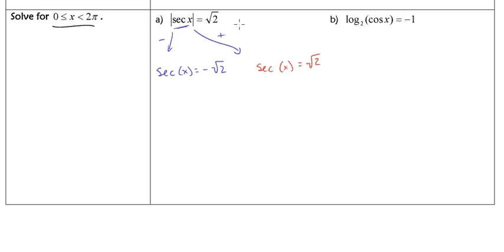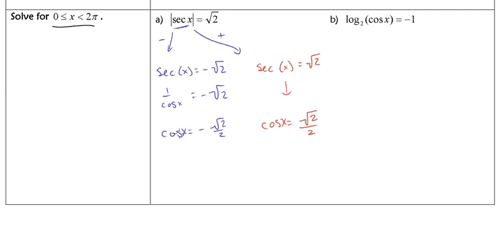Remember, secant is 1 over cosine. And so then we have that cosine is equal to negative root 2 over 2, and the same process here, that cosine is equal to positive root 2 over 2. We need some x's in there: cosine of x and cosine of x.